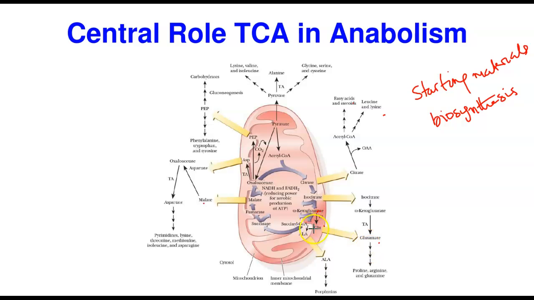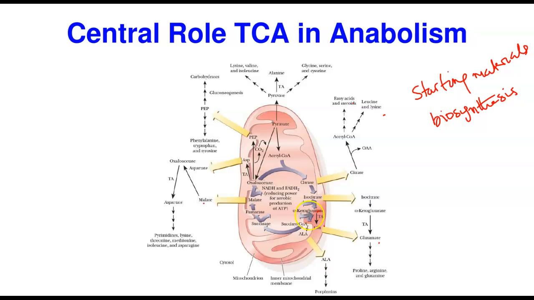Succinyl-CoA can also be converted to alanine, which can leave and help in the formation of porphyrin. Porphyrin is the prosthetic part of the heme group in molecules like myoglobin and hemoglobin that help in the storage and transport of oxygen respectively, which we talked about already.